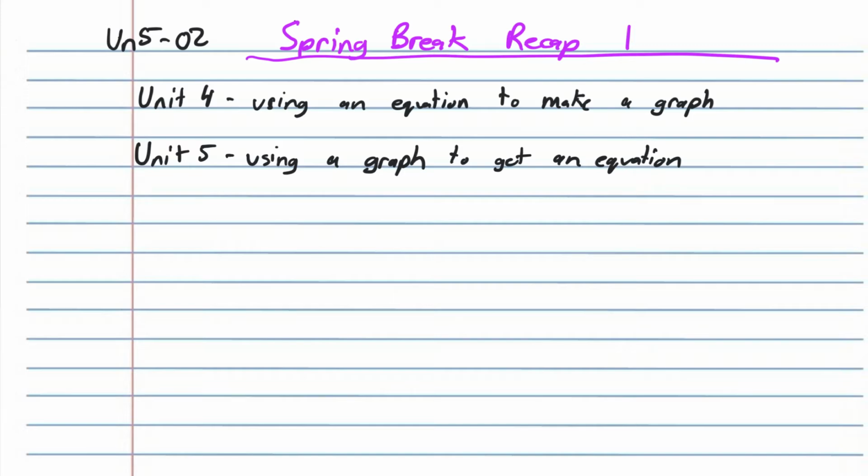Okay, so the stuff you need to know from Unit 4 was this very key piece of information, right? The one equation I want you to be the most familiar with is this one, right? y is equal to mx plus b, slope-intercept. Okay, it was the nicest one because it was relatively easy, and you should have used it a lot, right?